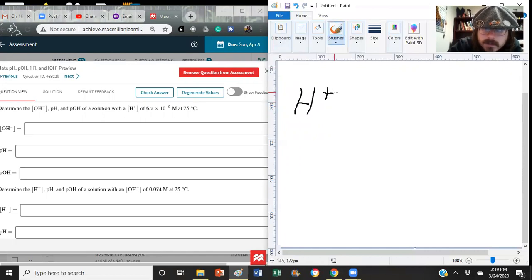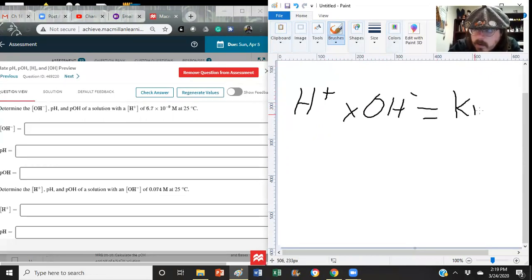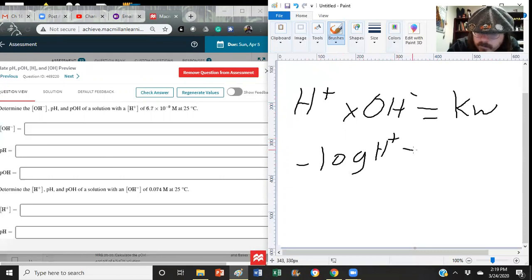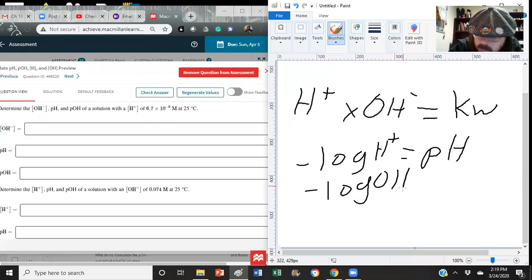H plus times OH minus equals KW. We have negative log of H plus gives us pH. We have negative log of OH minus gives us pOH.